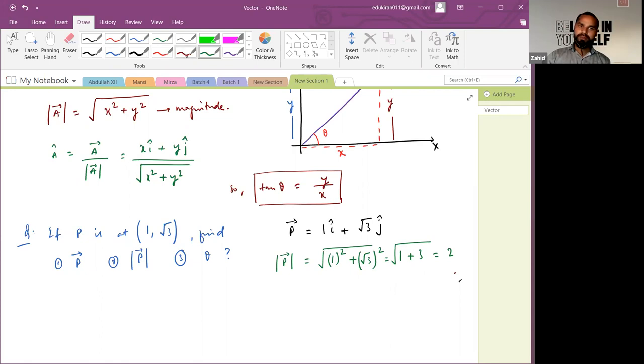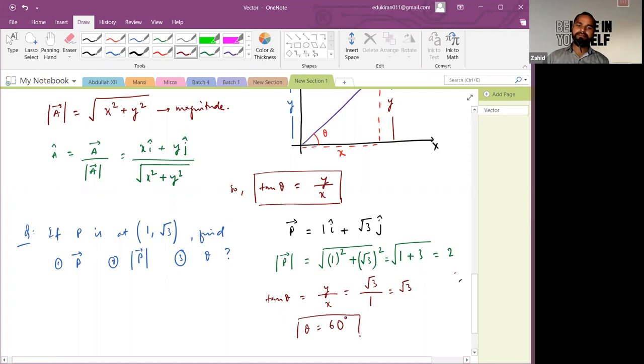Similarly, if you want to calculate inclination, that is tan theta, it should be perpendicular over base. Perpendicular, that is y, root 3, divided by base, which is 1. So it will be just root 3. So tan theta is equal to root 3, so theta will be equal to 60 degrees.